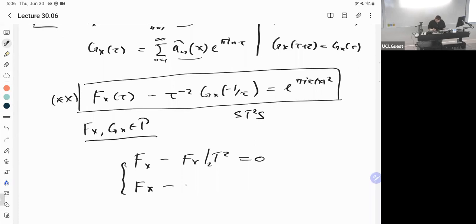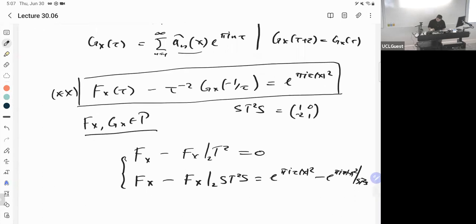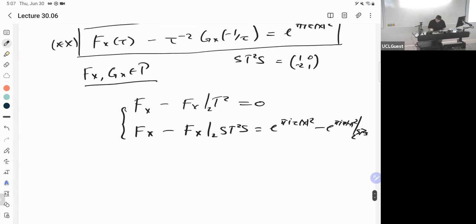So what this tells you is fx minus fx slash s t squared s, where s t squared s is just this matrix. This matrix stabilizes this expression here because gx is two periodic. It's equal to this thing minus, I mean, it has to be a dot s t squared s, and again it's in weight 2.